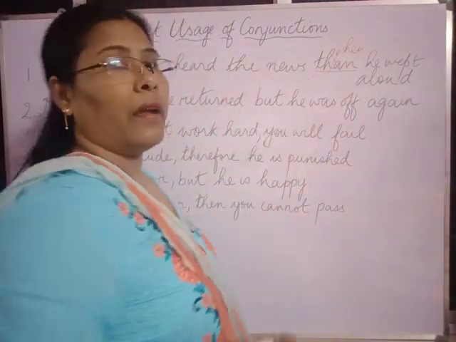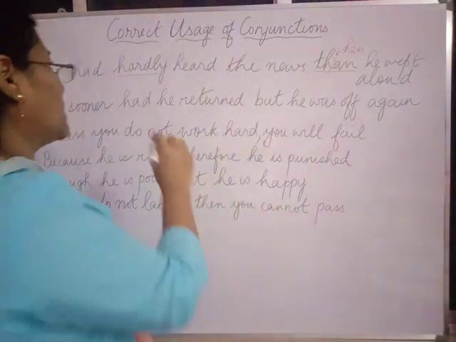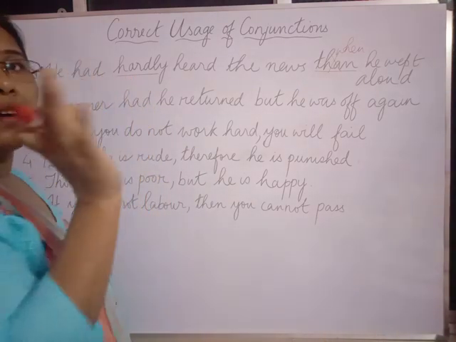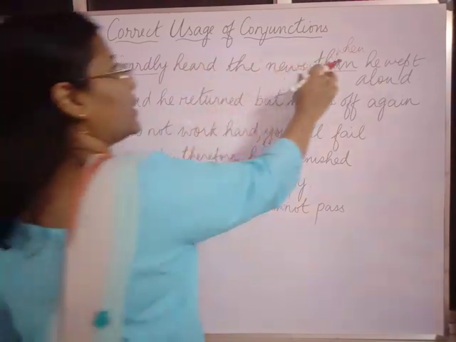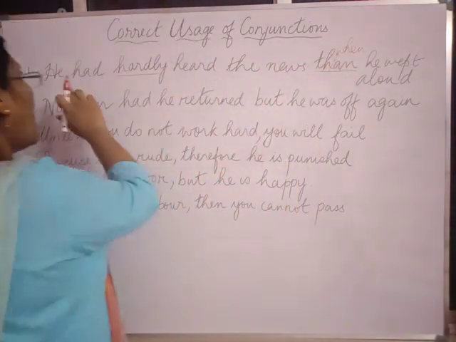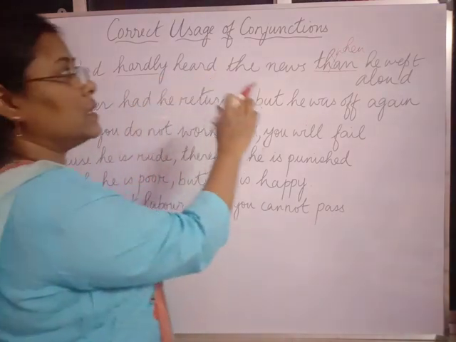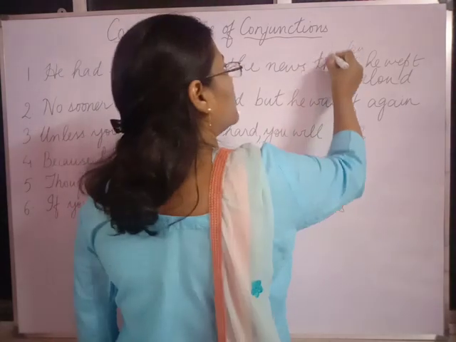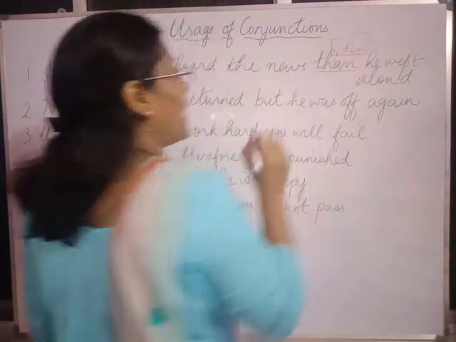Hardly and when are correlative conjunctions. As I have told you, correlative conjunctions occur in pairs. Now hardly pairs with when, not then. So this is the wrong use of conjunction. He had hardly heard the news when he wept aloud. So we will use when and not then.